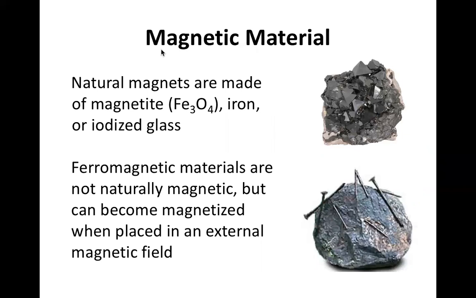Let's look at types of magnets. So different magnetic material, we might have natural magnets that are made out of iron oxides. Ferromagnetic materials are not naturally magnetic, but they can become magnetized when placed in an external magnetic field. So the demonstration here is if I take paper clips in my hand, if I ask you if these paper clips are magnets, they are definitely not permanent magnets, but they're ferromagnetic, because if I take a bar magnet to pick up one paper clip, that paper clip that's attached to the magnet is now a magnet itself.